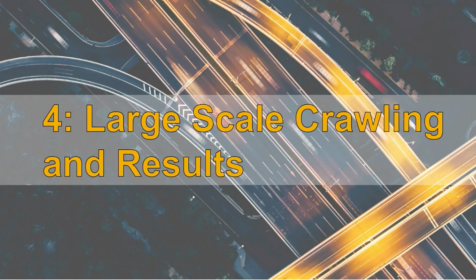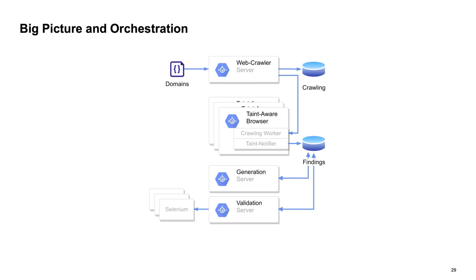In the big section of this presentation, I'll present the results we got from doing a large-scale crawl over 100,000 domains. This is the solution architecture, which consists of a crawler, a generation and a validation service. In addition to them, the taint analysis is done via the taint-aware browser.